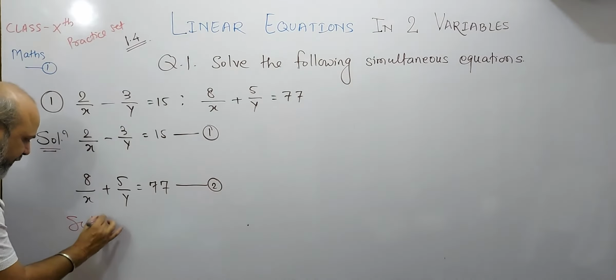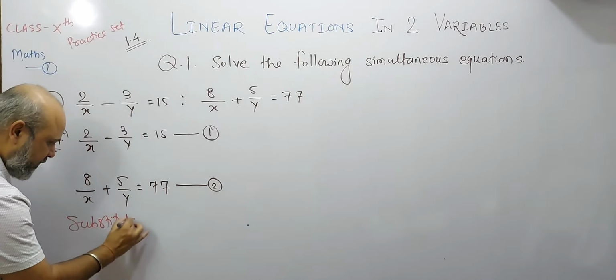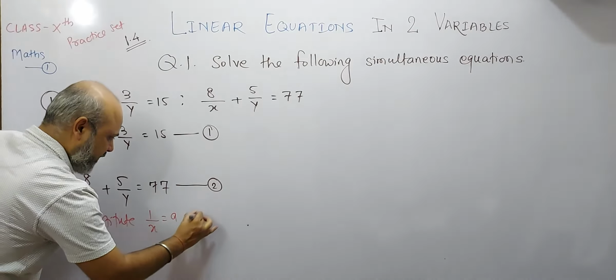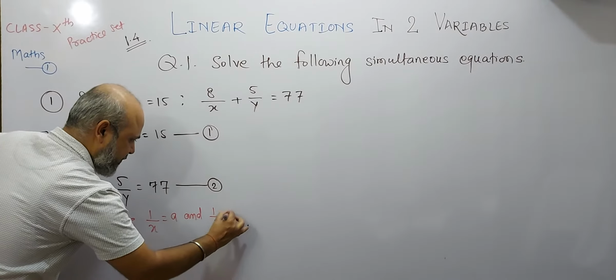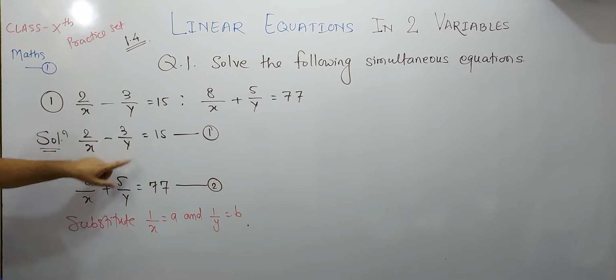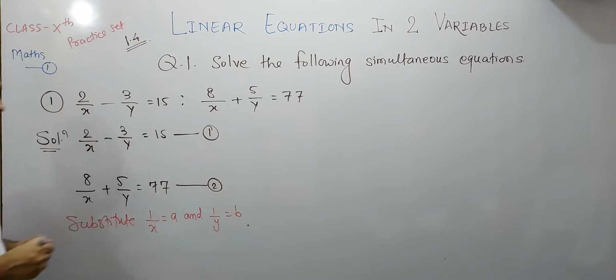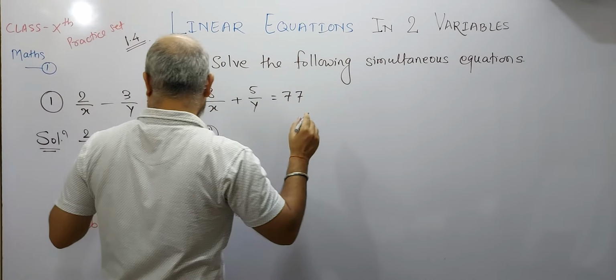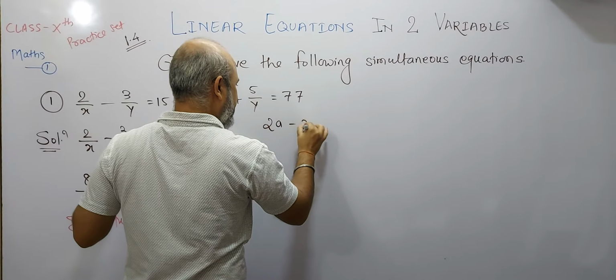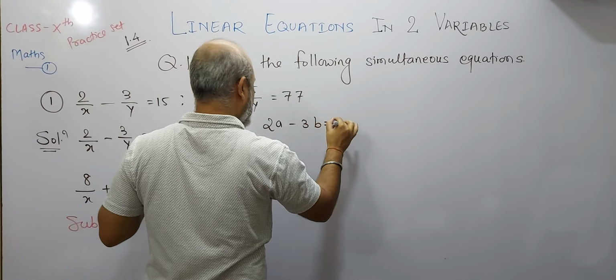So substitute 1 upon x is equal to a and 1 upon y is equal to b. So when you will put 1 by x is equal to a and 1 by y is equal to b, so you will get from first equation becomes 2a minus 3b is equal to 15.